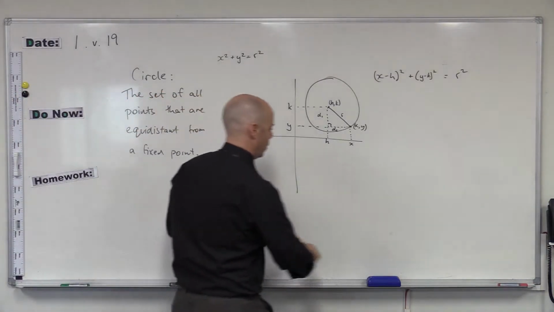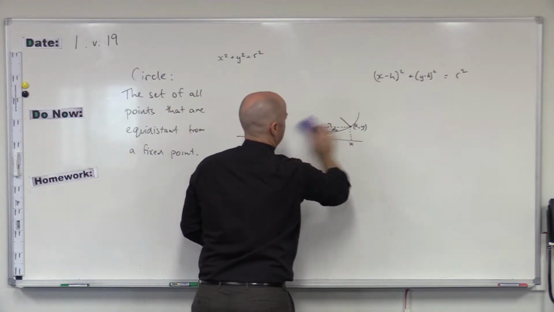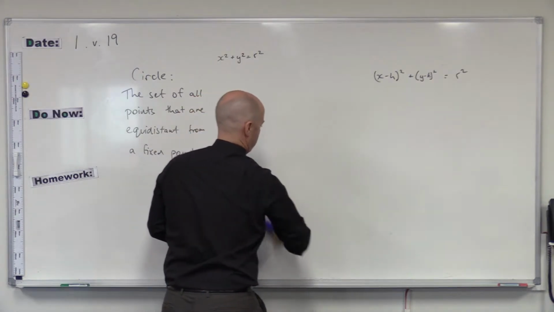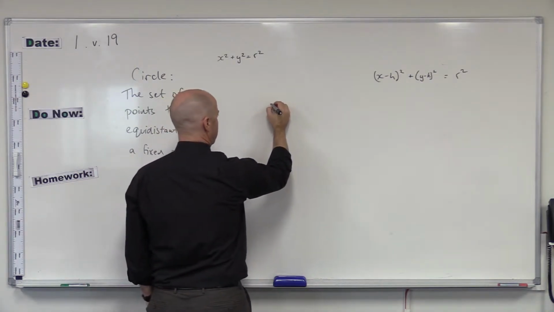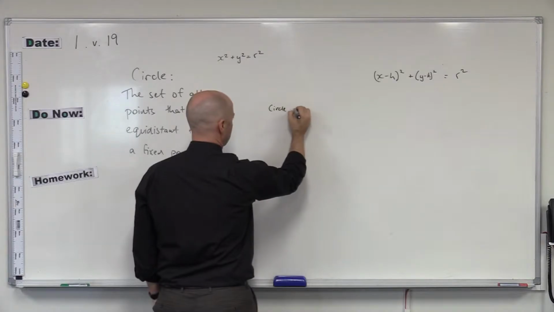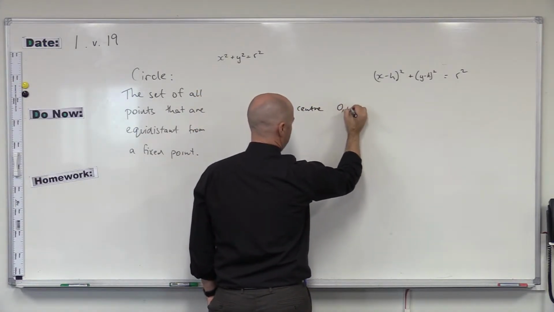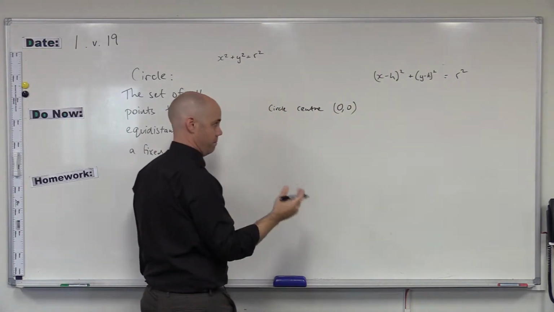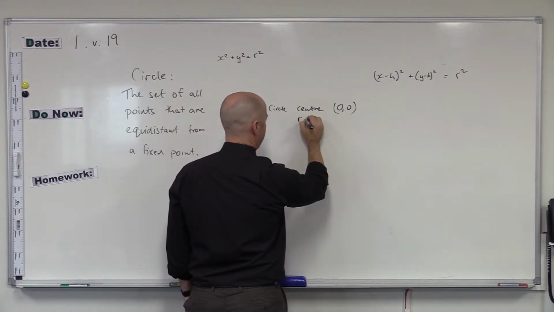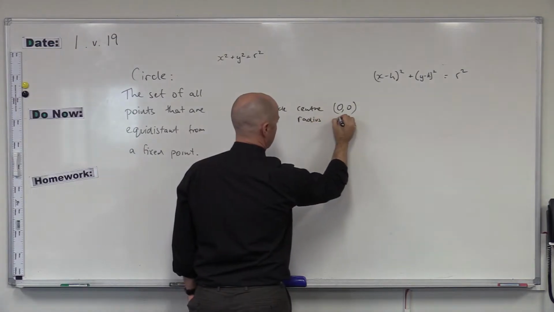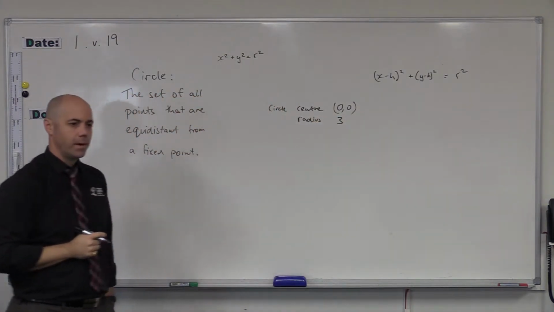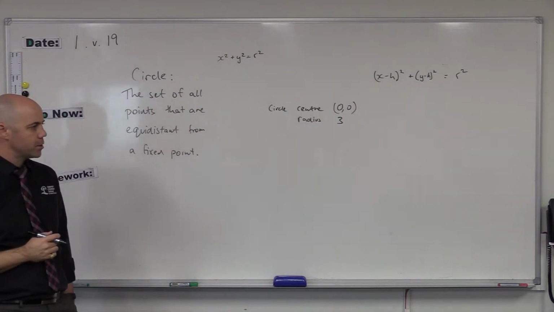So, what is the equation of a circle, centre 0, 0, let's go back to our basic one, radius 3? What is the equation of that circle?